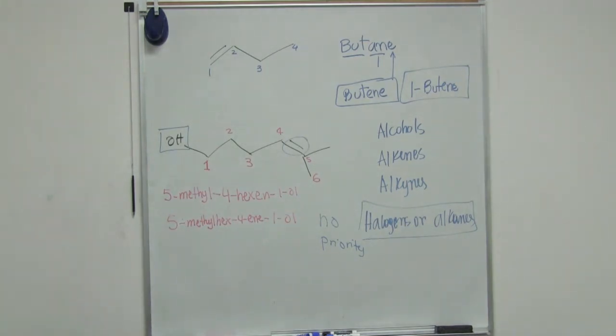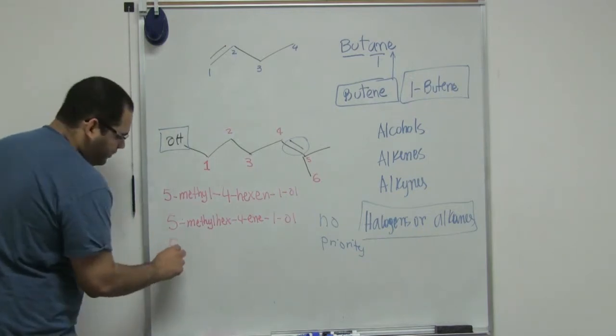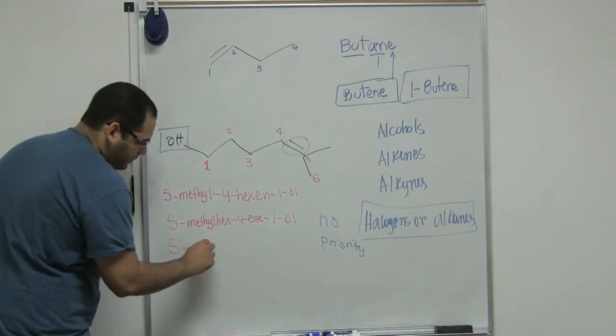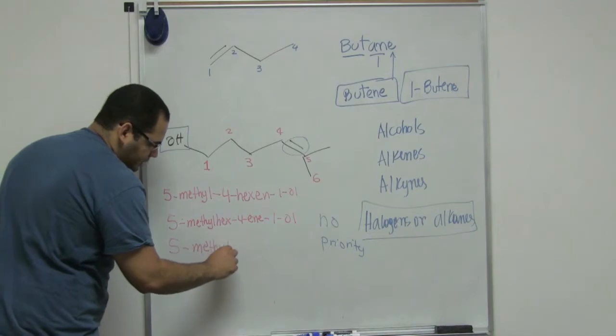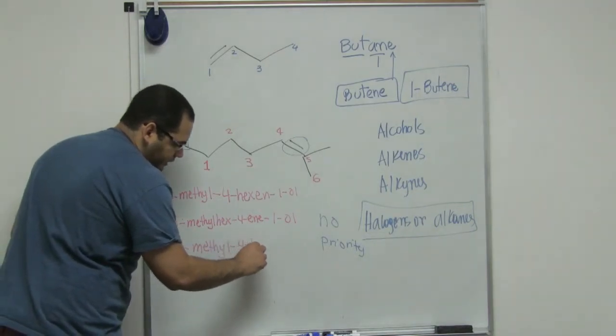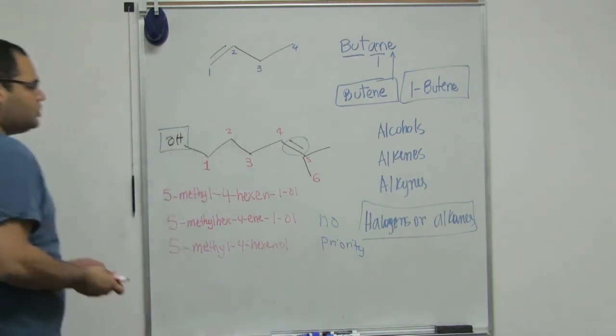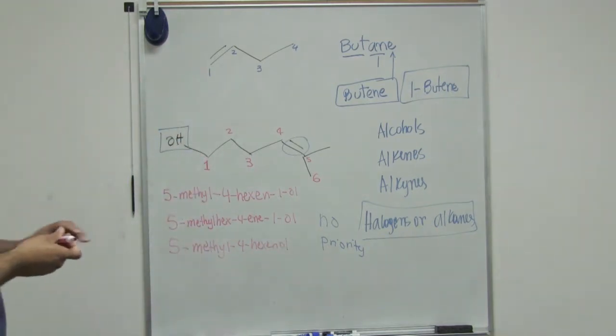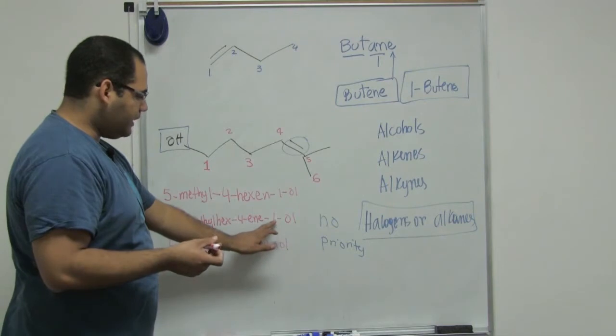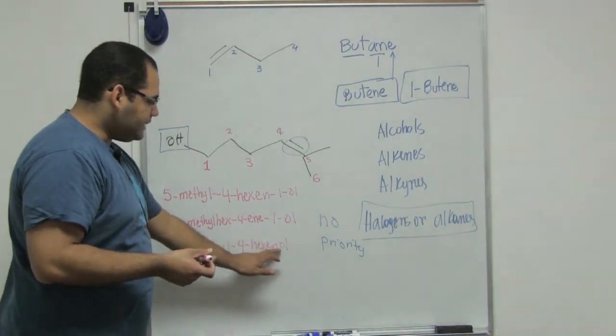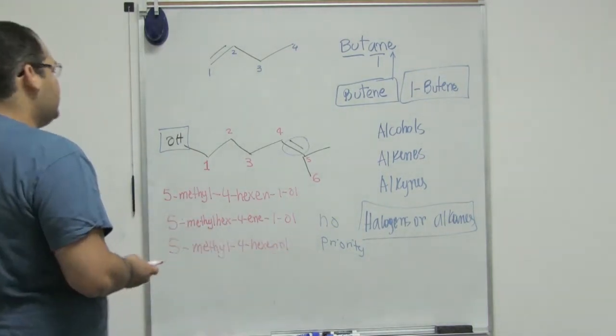Right? Is there another way we can write this? Yes. We can say 5-methyl-4-hexenol. Just to emphasize, because the alcohol is in position number 1, we don't need to write the number 1 here, so it can be just a combination.